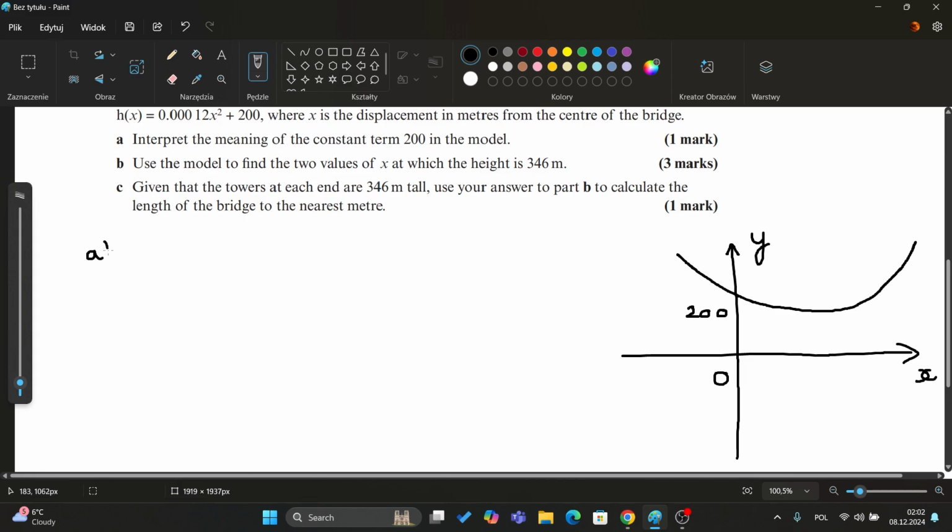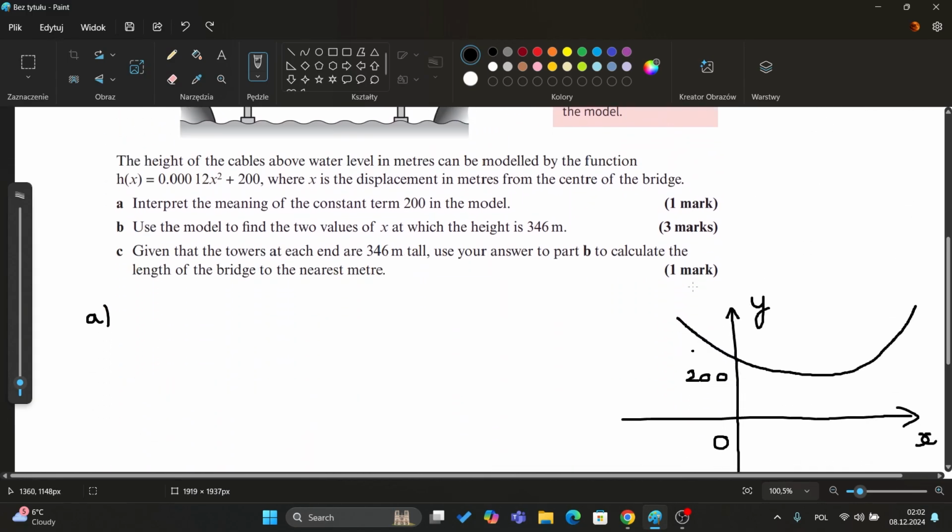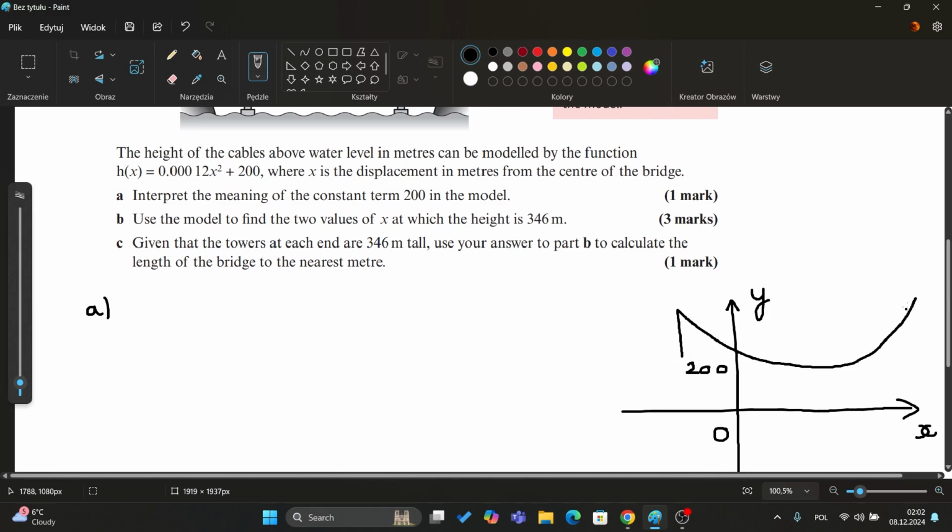So we have our bridge over here. And I won't draw all of these lines, but basically our bridge is here. And we have our bridge over here and the water flowing here.